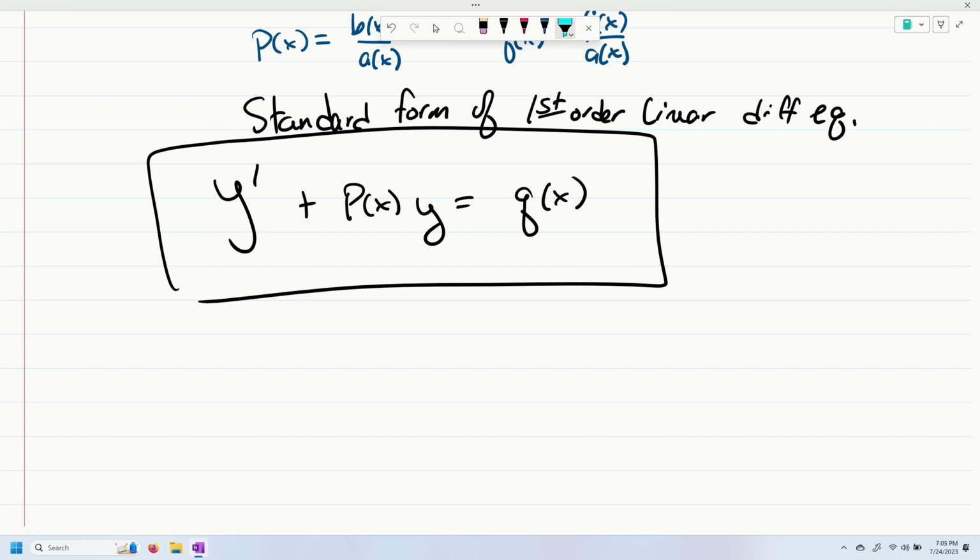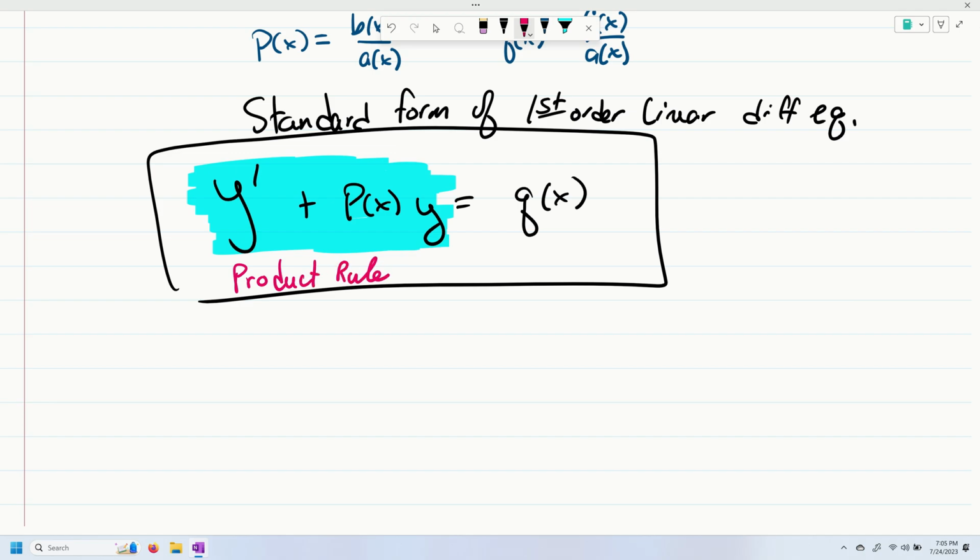But there's actually something happening here. I don't know if you can see it, but on the left-hand side of this equation, we have a little something here. What I mean by that is this looks like something that you and I are both familiar with, and that is the product rule.